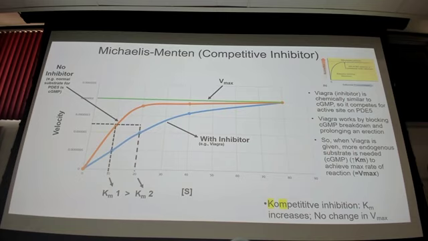So there's more time on the blue line, and less time on the orange line without the inhibitor.